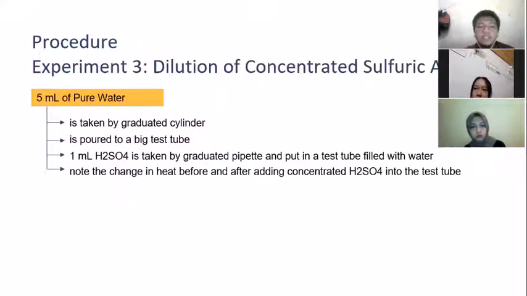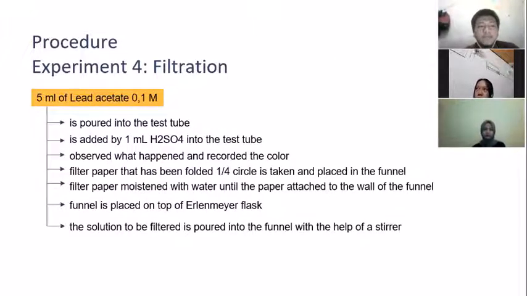Note the change in heat before and after adding concentrated sulfuric acid into the test tube. Experiment 4, filtration. 5 milliliter of lead acetate 0.1 molar is poured into the test tube and 1 milliliter sulfuric acid is added. Observe what happened and record the color.